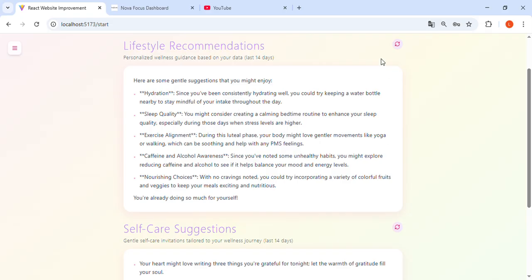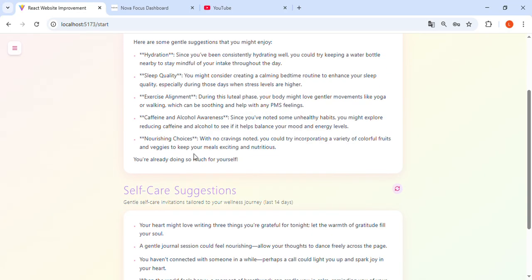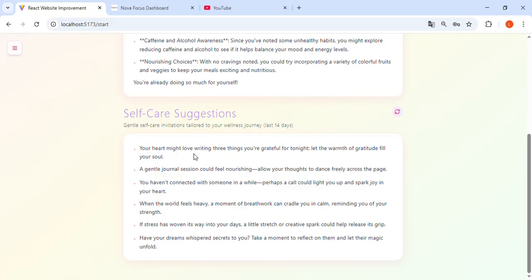And then here the women could actually check, okay, in what phase am I right now and what's recommended for me to do. Just reading through it sounds really interesting, and of course this really goes into the self-care section.